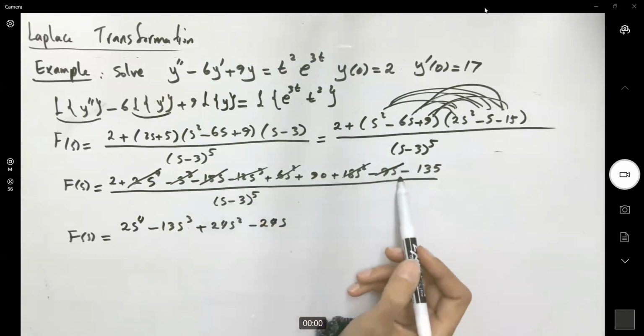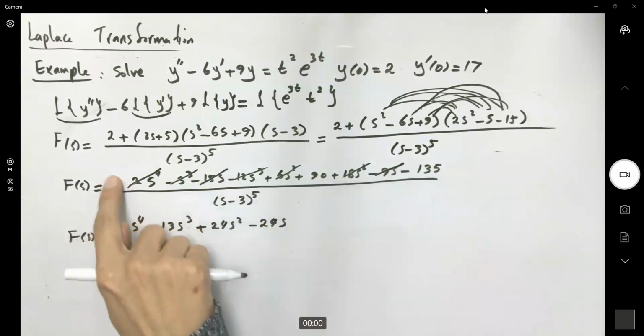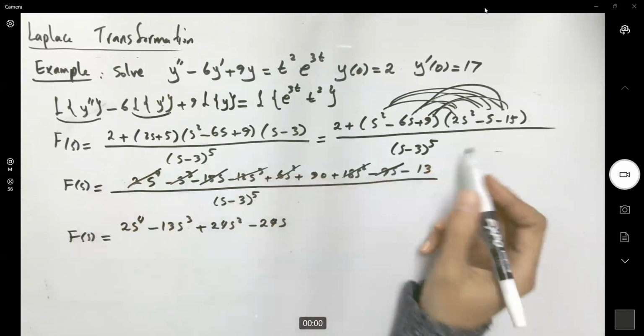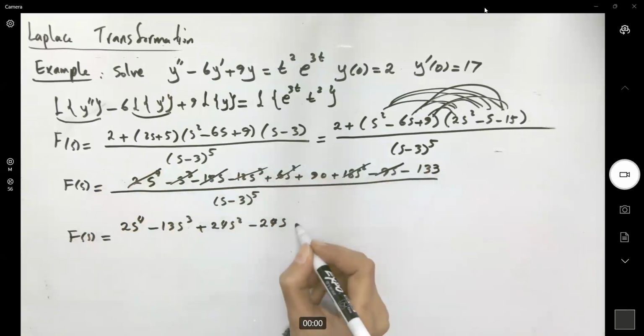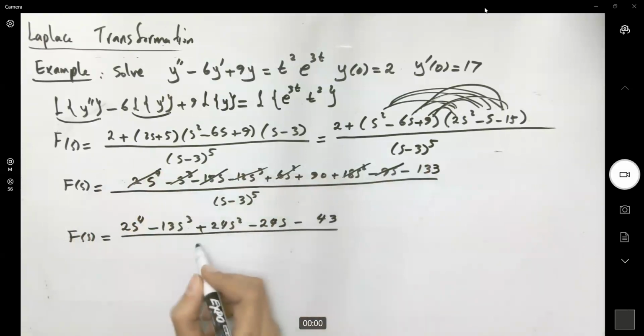Then we have 90 and 133, and you get negative 43, divided by (s minus 3) to the 5th.